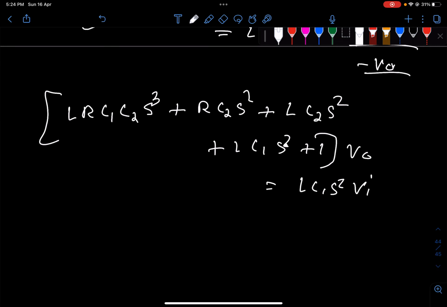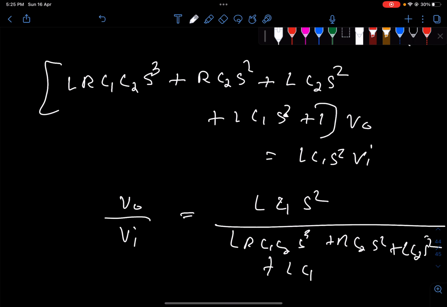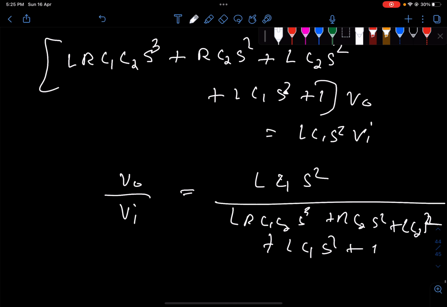Or the transfer function looks like V0 by Vi is L C1 S square over LR C1 C2 S cube plus R C2 S square plus L C2 S square plus L C1 S square plus 1.